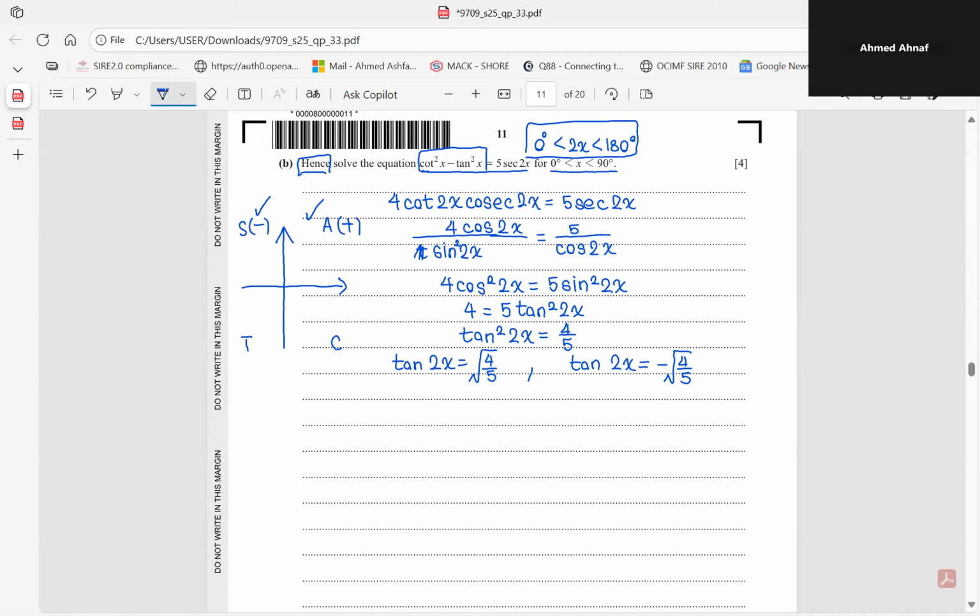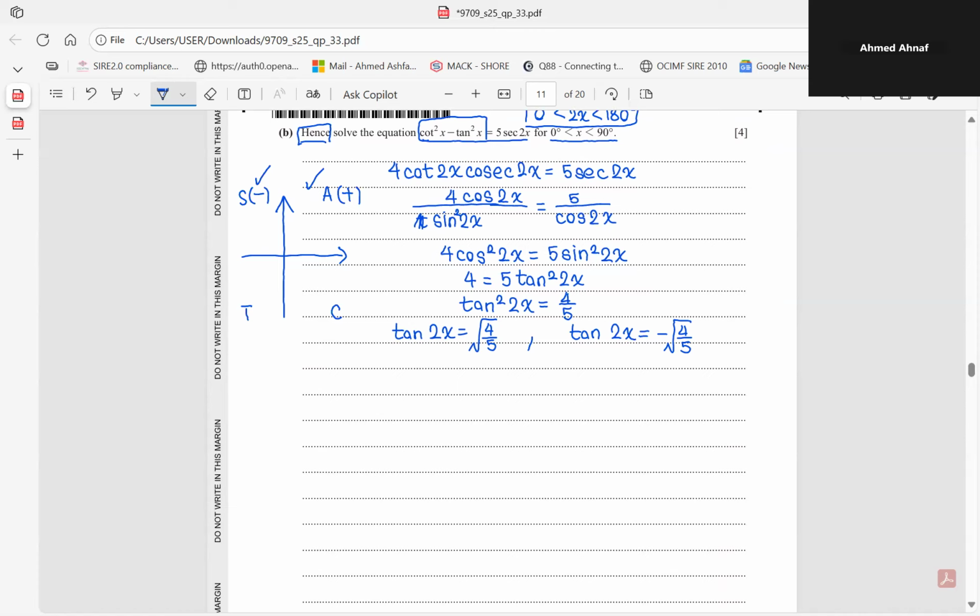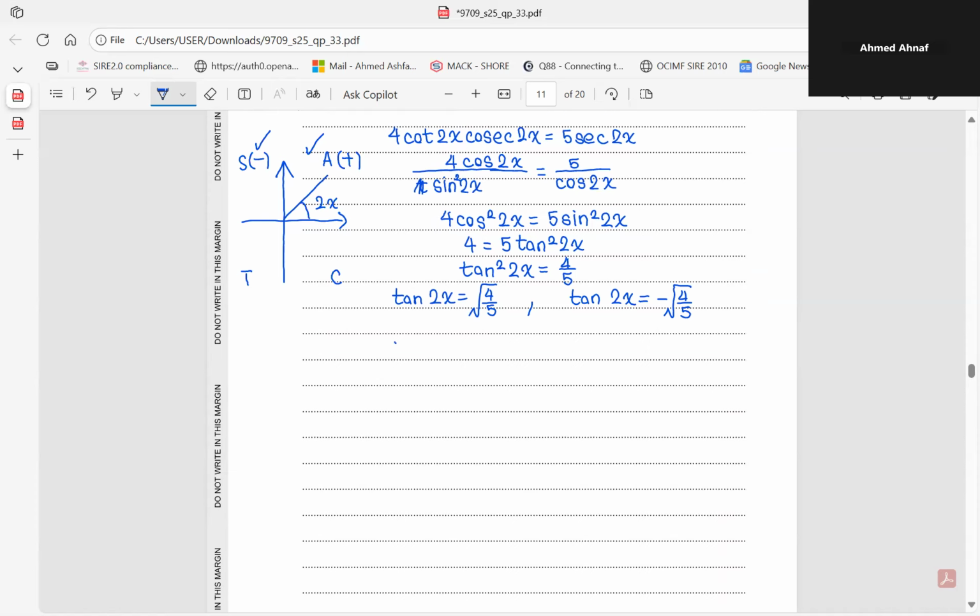So let's do the positive one first. So for this 2x, it's going to be right here, okay? So 2x would be equal to tangent inverse of square root 4 over 5.